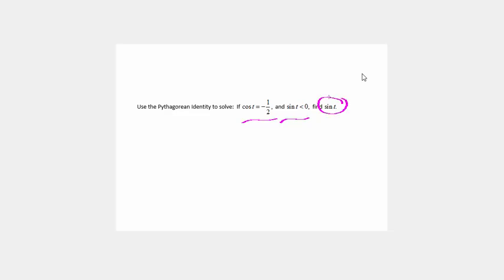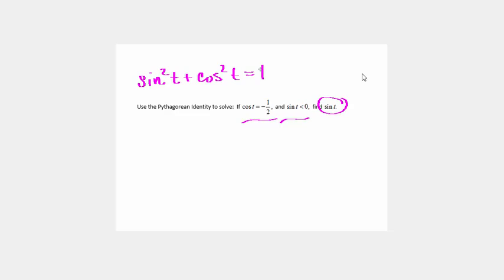All right, well, this can be done with our Pythagorean identity, which, by the way, let's rewrite up here just for reference. We know it's sine squared t plus cosine squared of t is equal to 1.